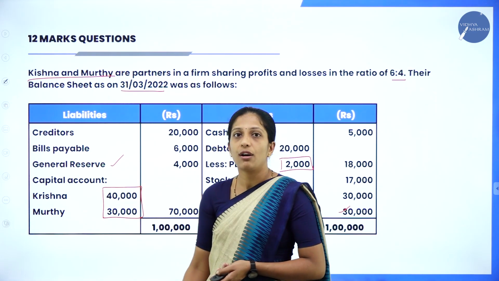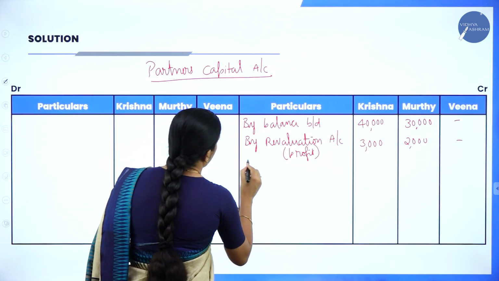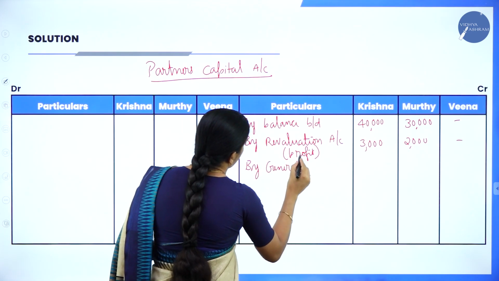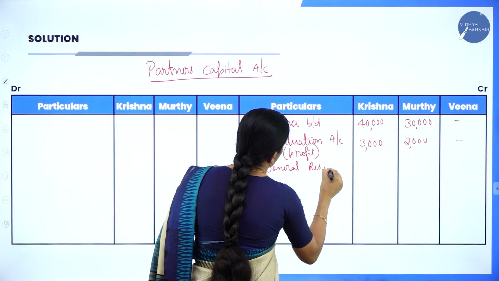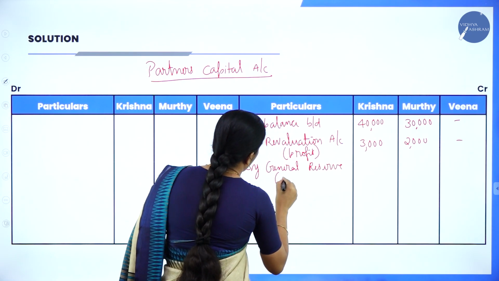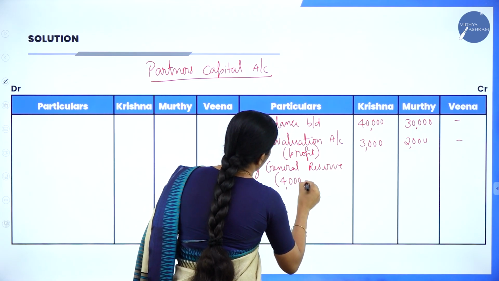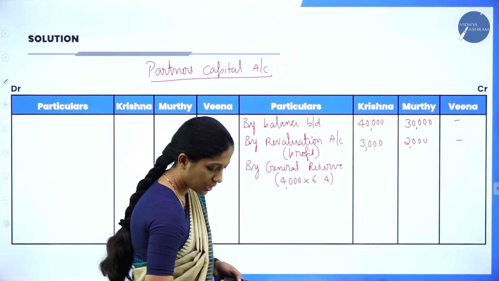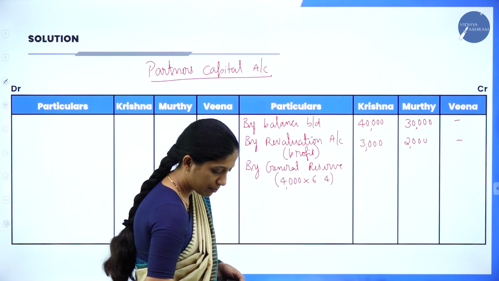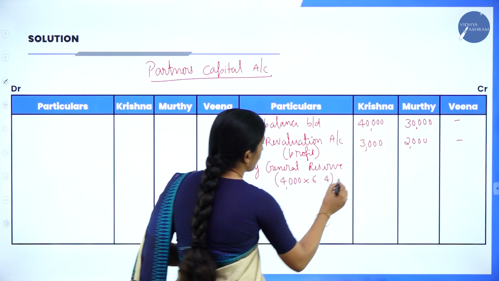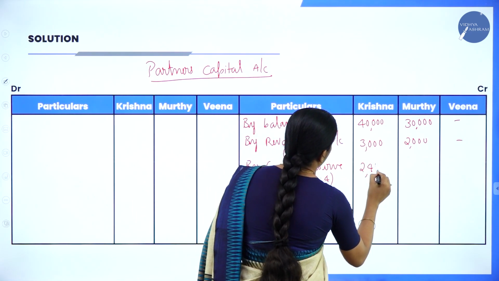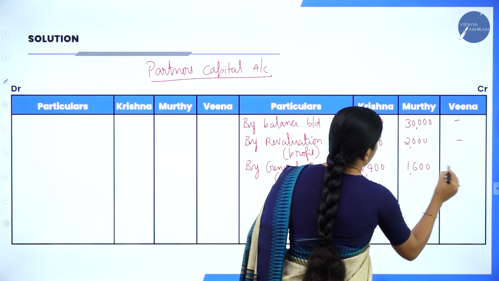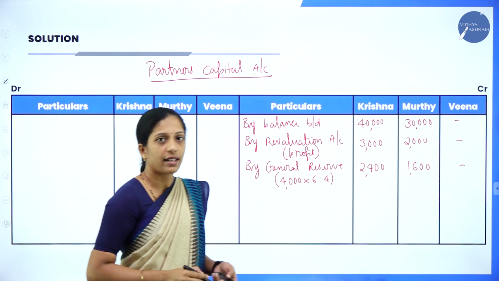By general reserve 4,000 into the profit sharing ratio is 6:4. So 4,000 into 6 divided by 10. So it will be 2,400 and 1,600. So we are done with the 3 step.